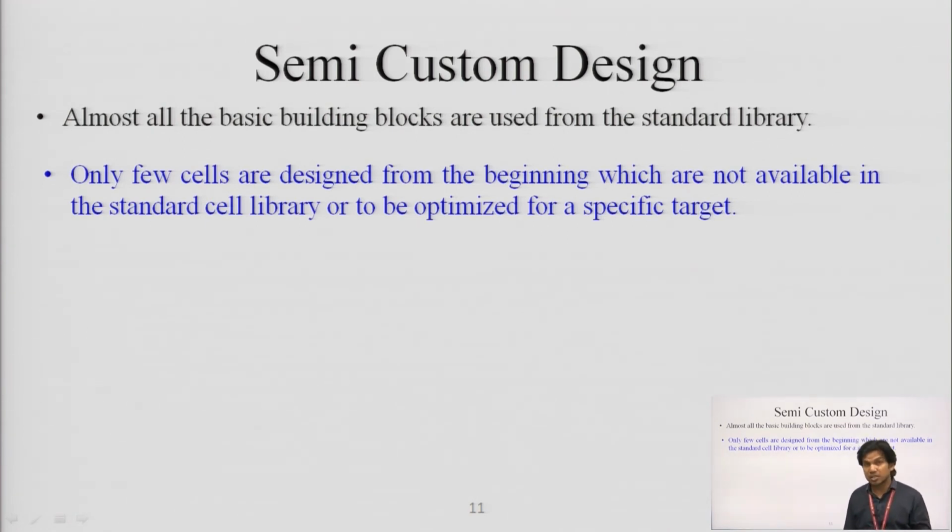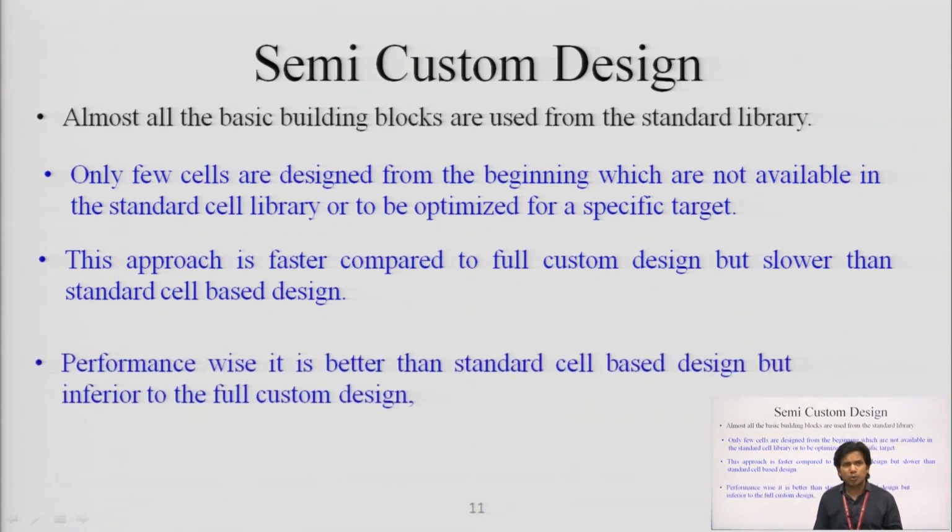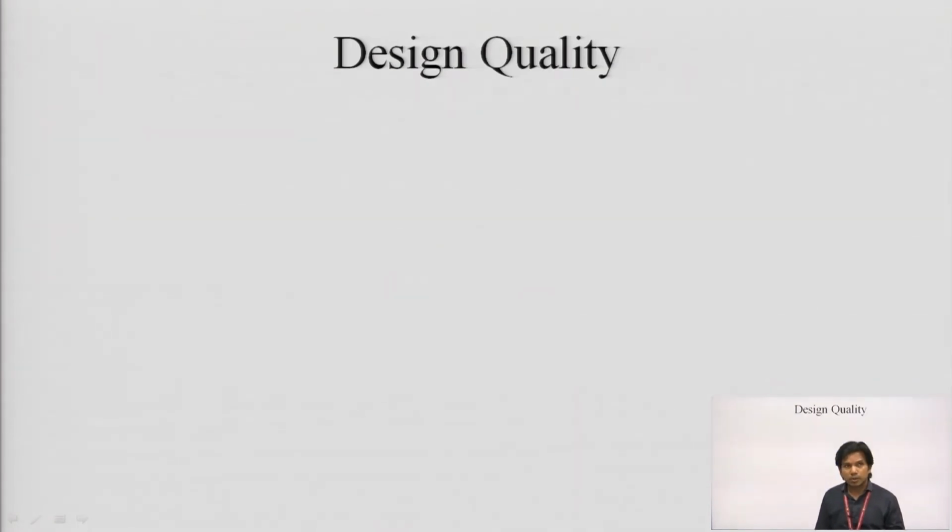Okay. So, full custom has higher performance. This approach is faster compared to full custom design, because only a few components are redesigned. Performance-wise, we can say it is better than standard cell, but inferior to full custom design. Okay. So, full custom design is always better.